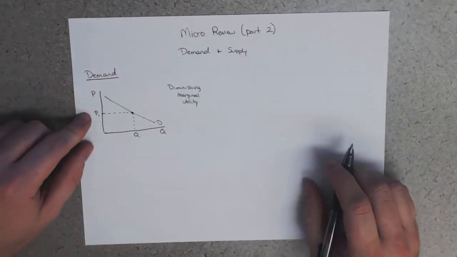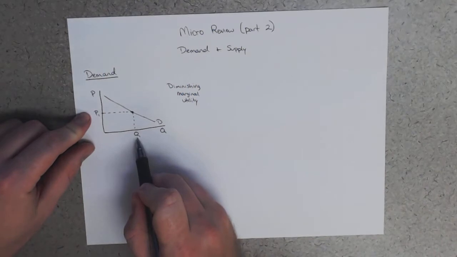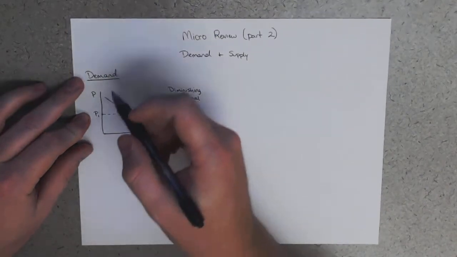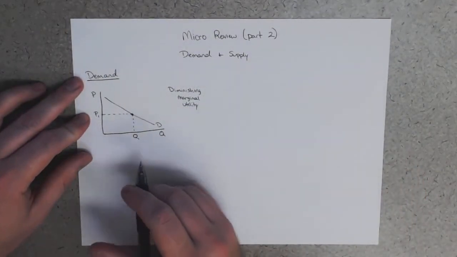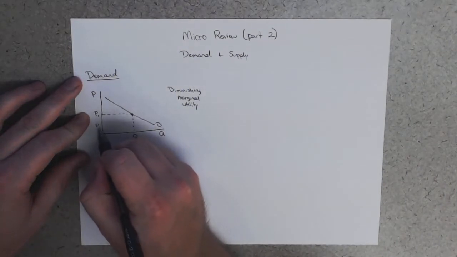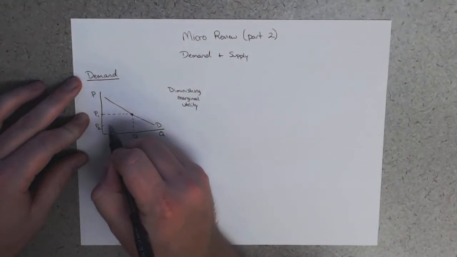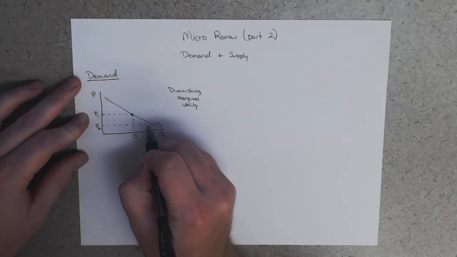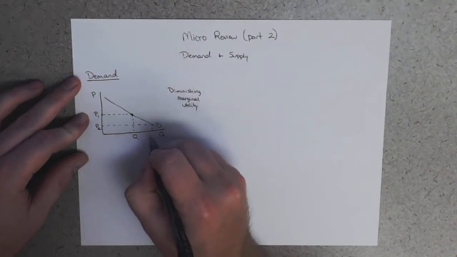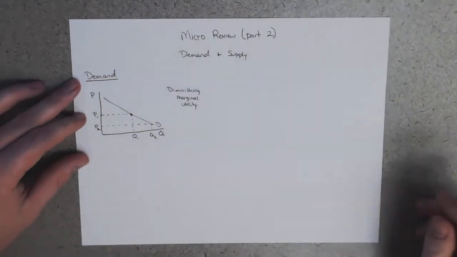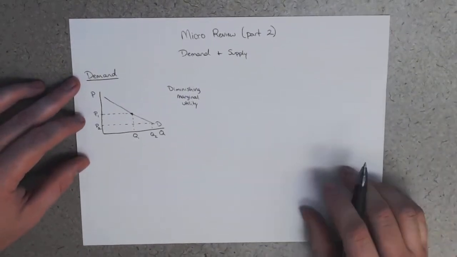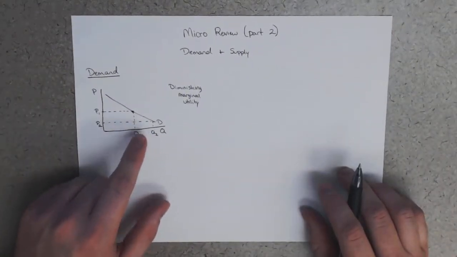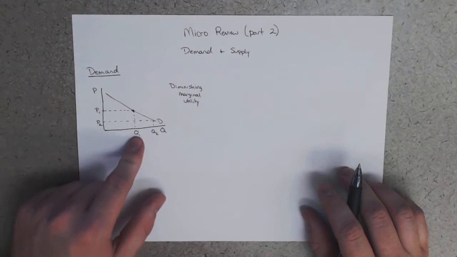At P1, we buy Q1 units of this good, and if there's a sale, let's say it's 50% off, well, suddenly we're buying more stuff. So at low prices, we buy more stuff, and at higher prices, we buy less.